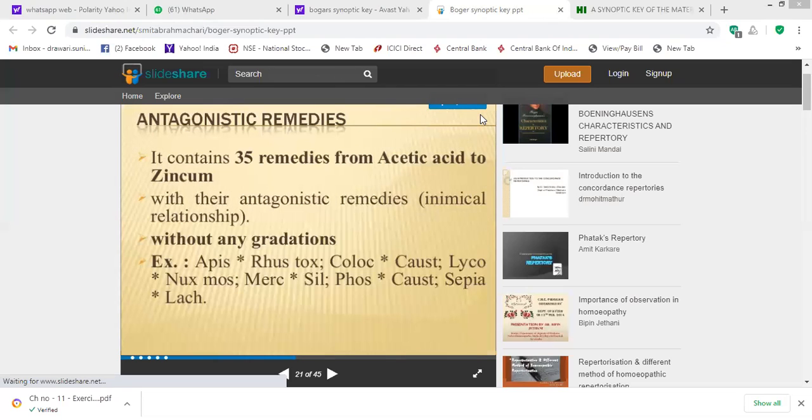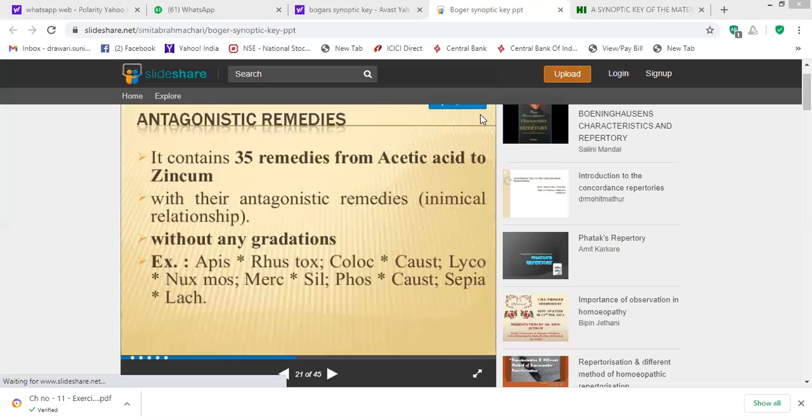They are arranged without any gradation. As in complementary remedies, we found two grades given, but in this antagonistic remedy, we cannot find any grade.